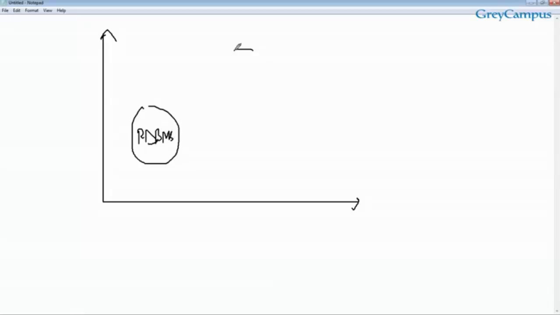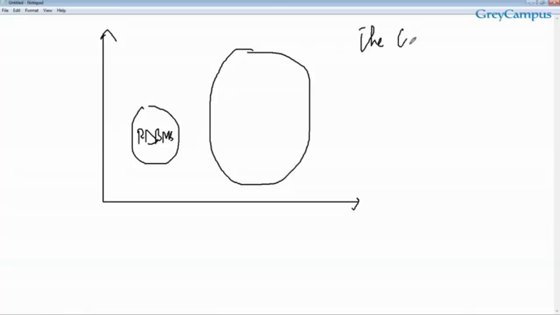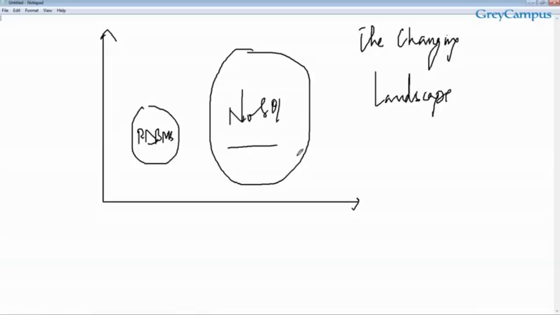Now, I'll show you what the future has for us. This is a Gartner graph. You can search it on the internet, the graph name is the changing landscape. Here, what is shown is that the smaller chunk over here is the RDBMS, and a much bigger chunk will be captured by something called NoSQL.